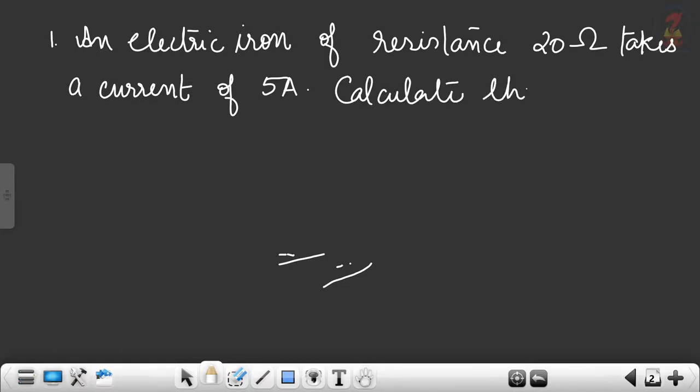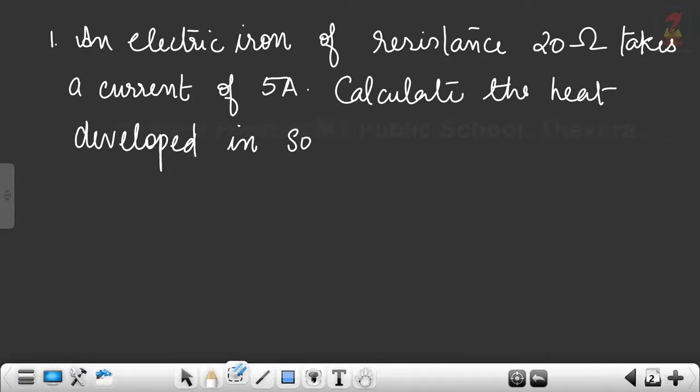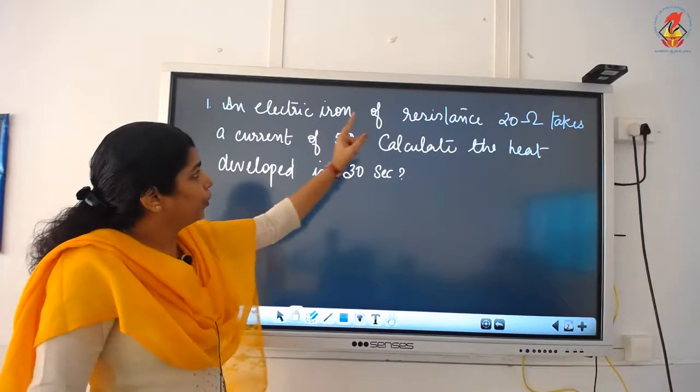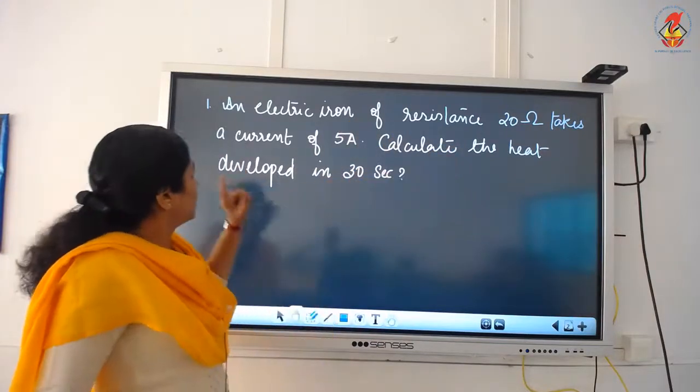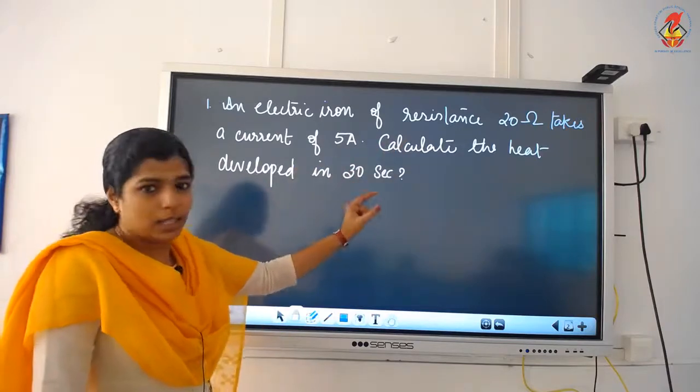Calculate the heat developed in 30 seconds. That's the question. An electric iron of resistance 20 ohm takes a current of 5 ampere. Calculate the heat developed in 30 seconds.